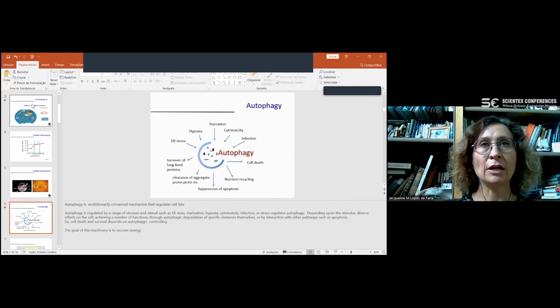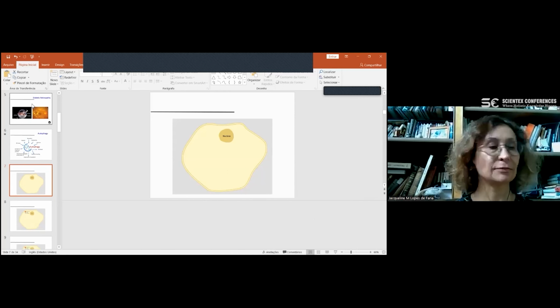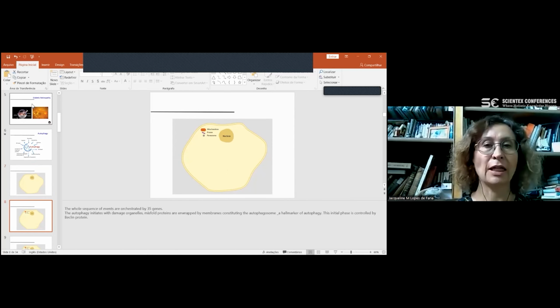So the main goal of this very well-preserved mechanism is to maintain cellular homeostasis. The whole sequence of events is orchestrated by about 35 or 40 different genes.